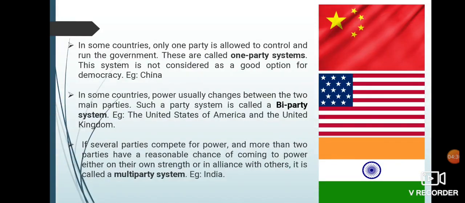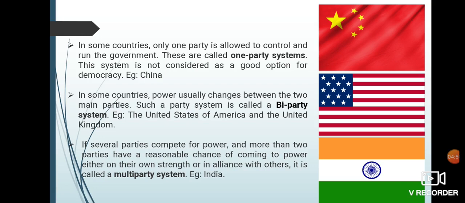Now, what is one-party system? In some countries, only one party is allowed to control and run the government. These are called one-party systems. This system is not considered a good option for a democracy.